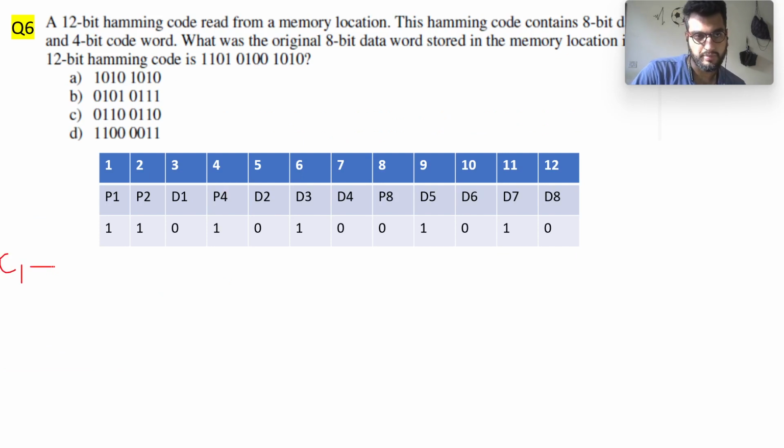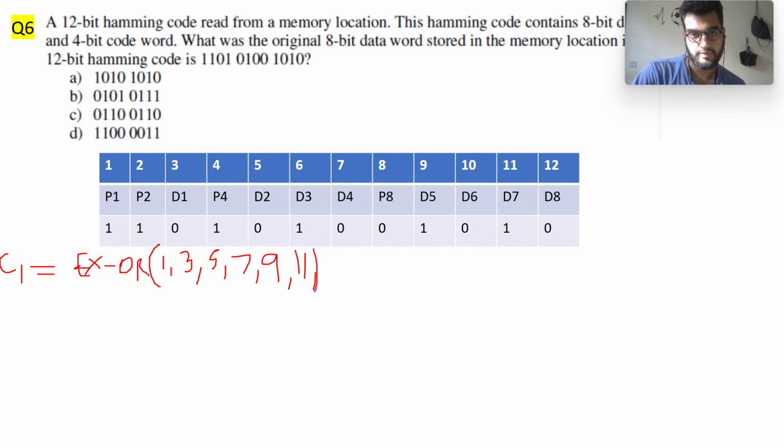Now we'll find the check bits. We'll do an XOR operation between bits 1, 3, 5, 7, 9, 11. Here you see I included this one because I'm now checking, so this parity bit will also be included.